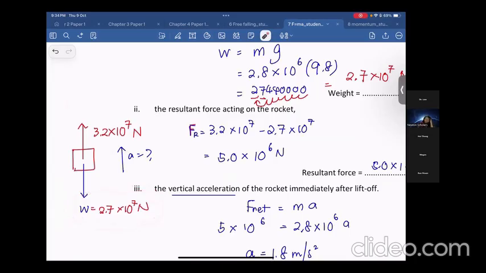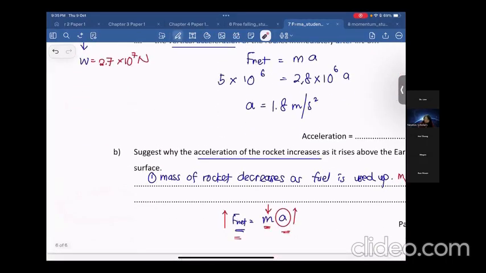Another one might be, they accept that W equals mg, and when you go up further away, your g might decrease, not 9.8 anymore. So they also accept the second way: you say that the value of gravitational g decreases.